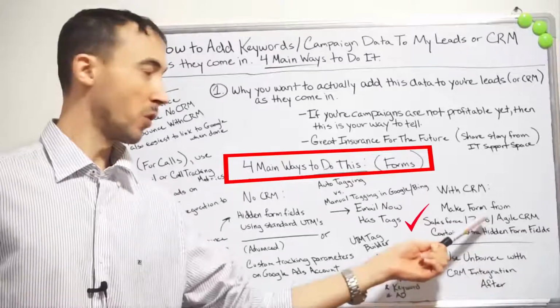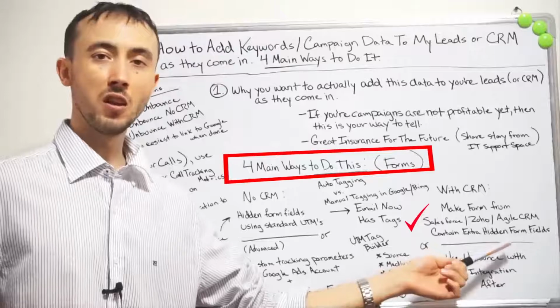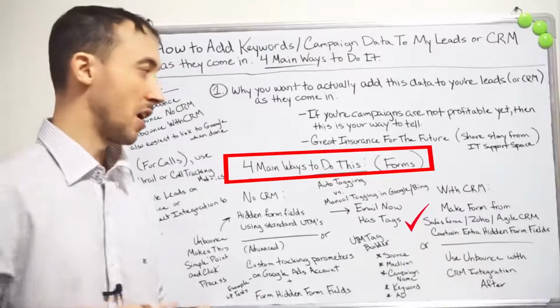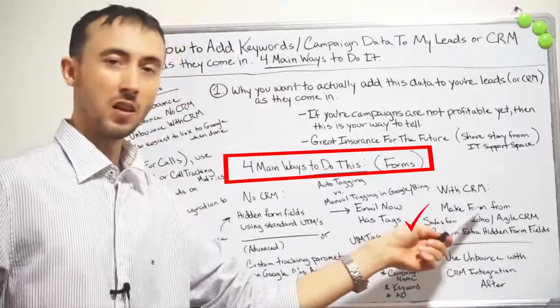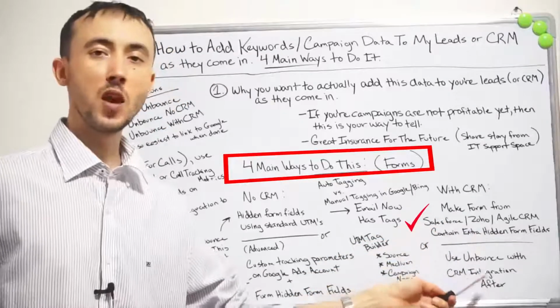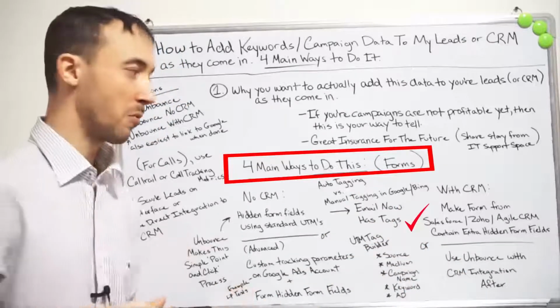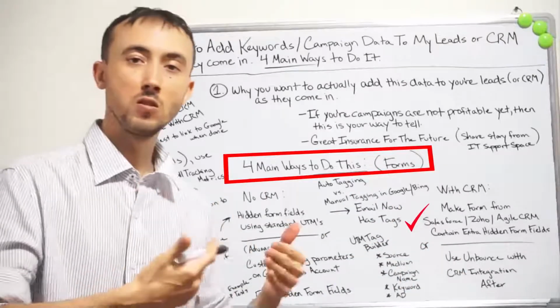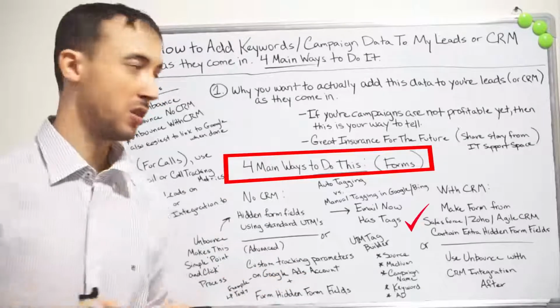But if you have Unbounce and you want your form information to go to your CRM, you wouldn't use the custom form code that the CRM gives you. You would just set up direct integration between Unbounce and the CRM system, and that's the other reason why I use Unbounce, because they have direct integration with the main CRMs.